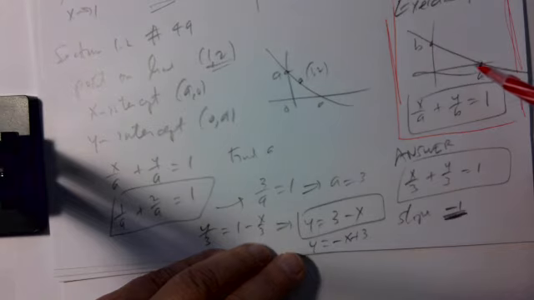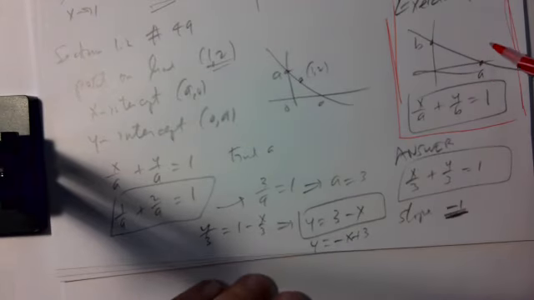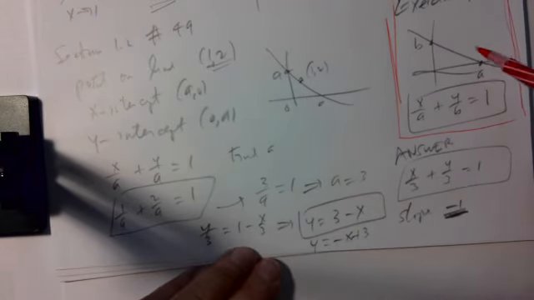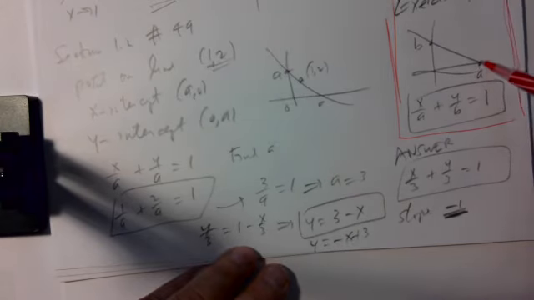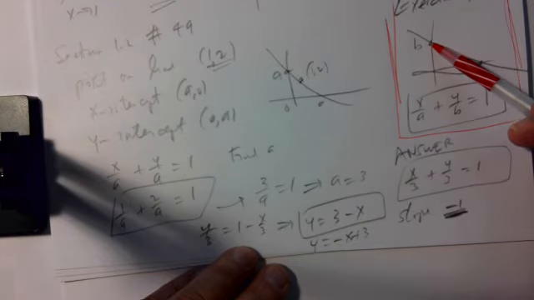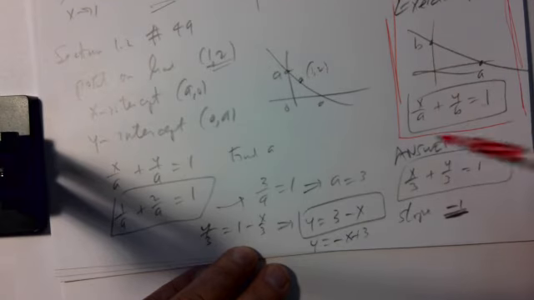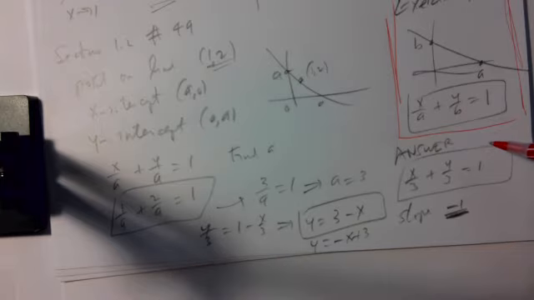In exercise 46, you're asked to prove this. It says that if a is the x-intercept and b is the y-intercept of a line, this is the equation of the line. Okay, got it. Thank you.